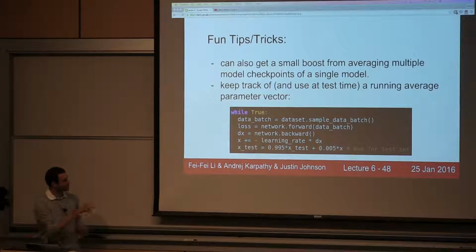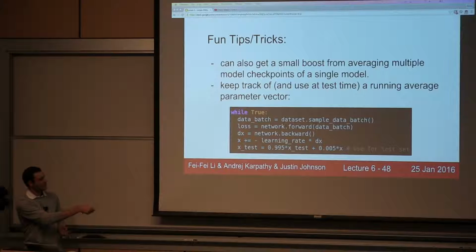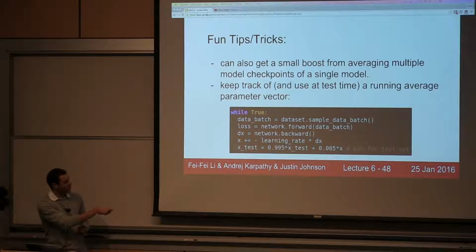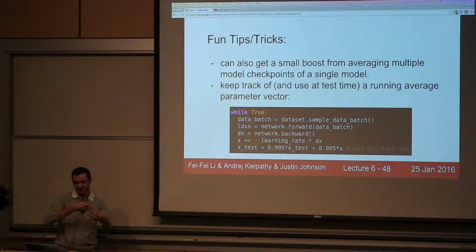Related to that, there's a trick for test time. What's happening here is these are the 4 steps that we've seen before. I'm keeping another set of parameters here, x test. This x test is an exponentially decaying running sum of my actual parameter vector x. When I use x test on validation or test data, it turns out that this almost always performs slightly better than using x alone. So this is kind of a small, weighted ensemble of the previous few parameter vectors.